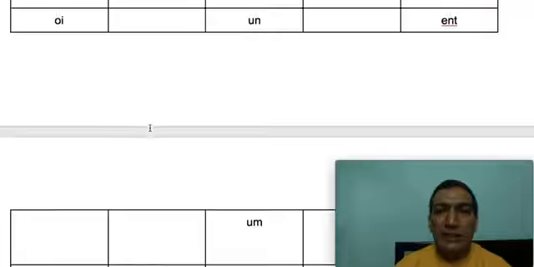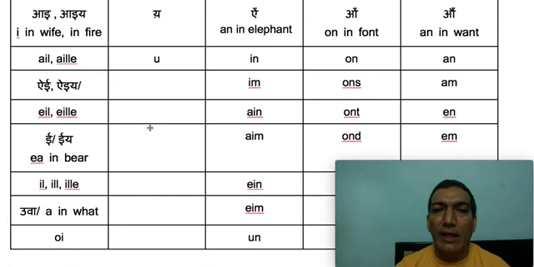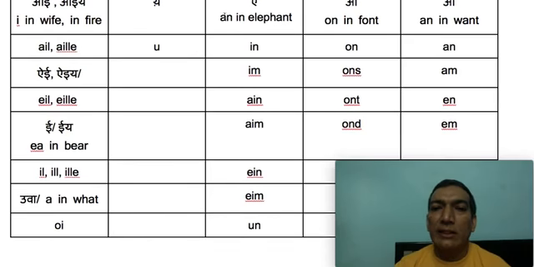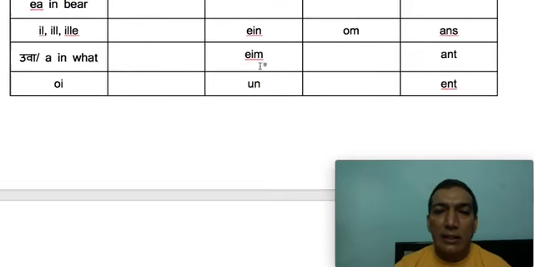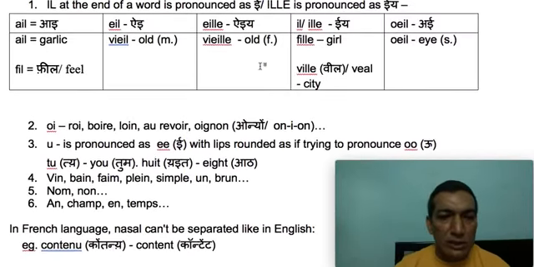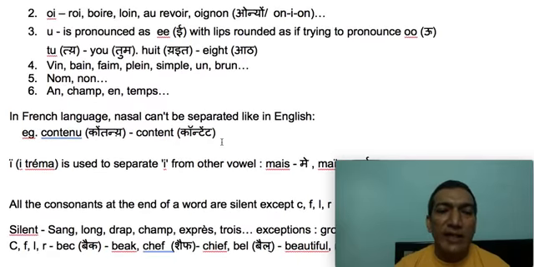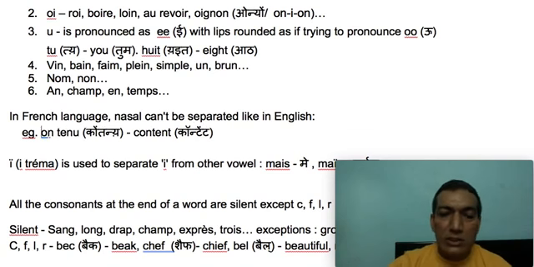Then the next sound is un, as we have an in the word elephant. In French language, the nasal sound cannot be separated like in English. For example, this French word is pronounced contenu.